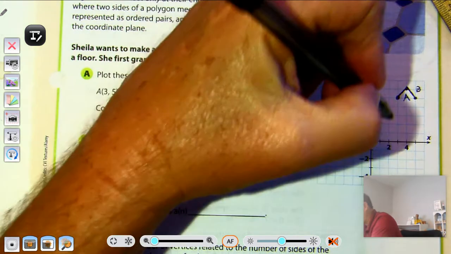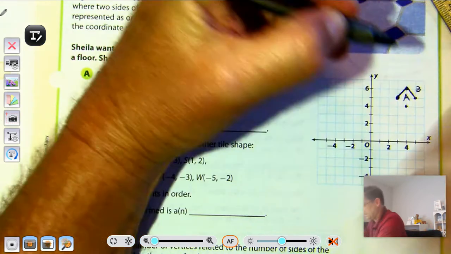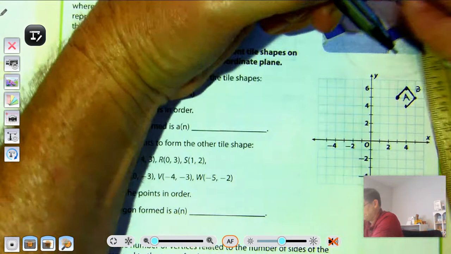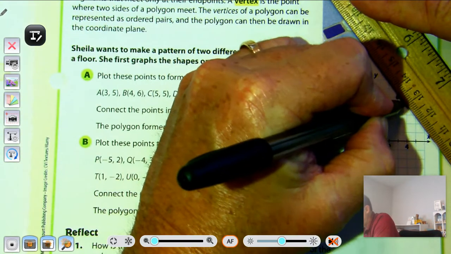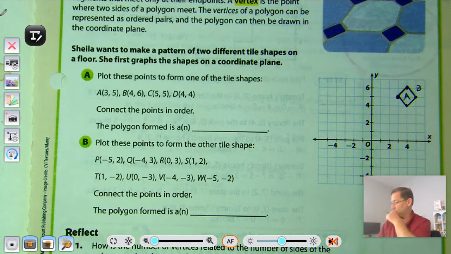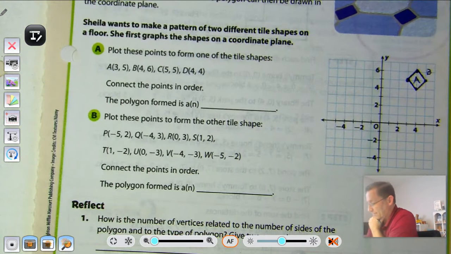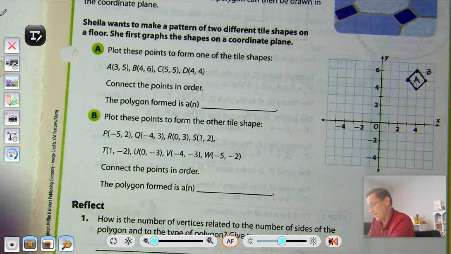And 4, 4. Okay, so what polygon did we form? We made a square.